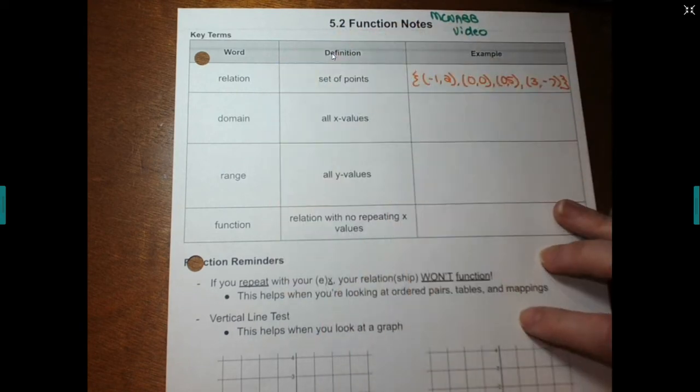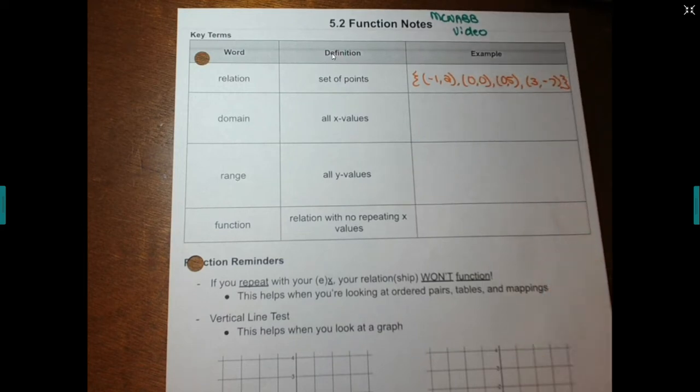So this is a relation because we have literally just a set of points. Okay, let's move on to the next. I know that was the trickiest thing you've ever heard, isn't it?